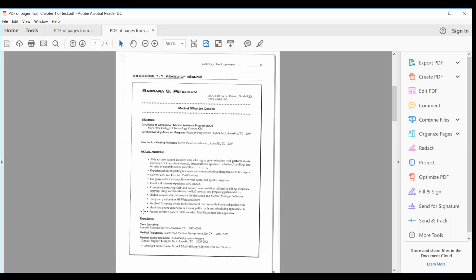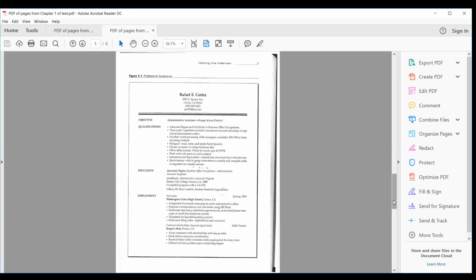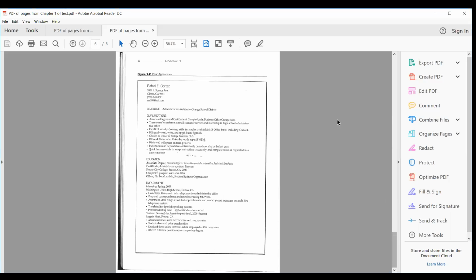All right. Let's go take a look at the next one down. We have Rafael Cortez. I'm going to jump to the next one first. This one is really kind of, it doesn't look particularly good. First off, as I've said before, I would prefer to see the letterhead centered.